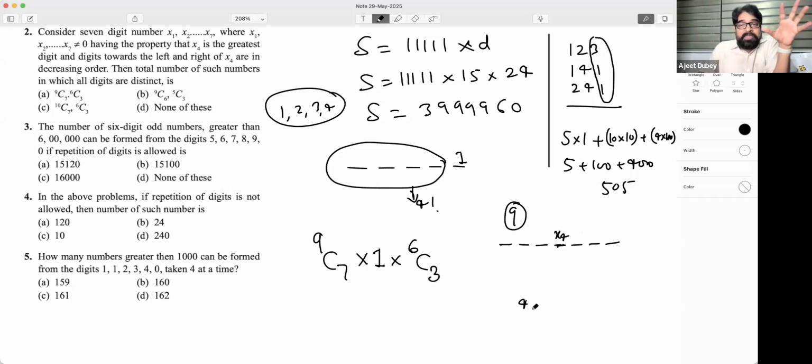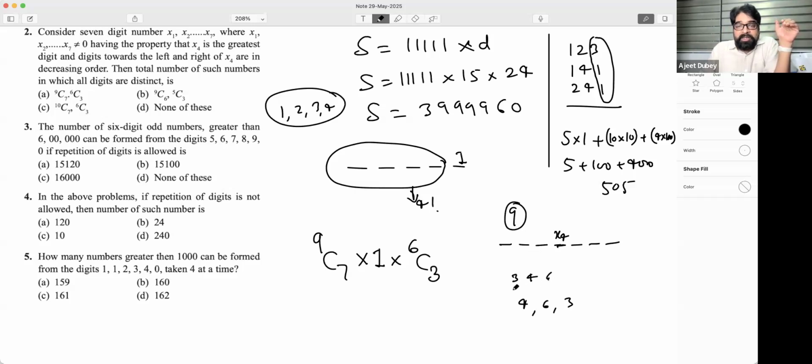Suppose you got 4, just random data, 4, 6, and 3. So in how many ways can you place this in decreasing order? Only one way. Because decreasing order is there, no? You cannot put 4, 6, 3 and 6, 4, 3. You have to put in the order of 3, 4, and 6, like this, increasing order.